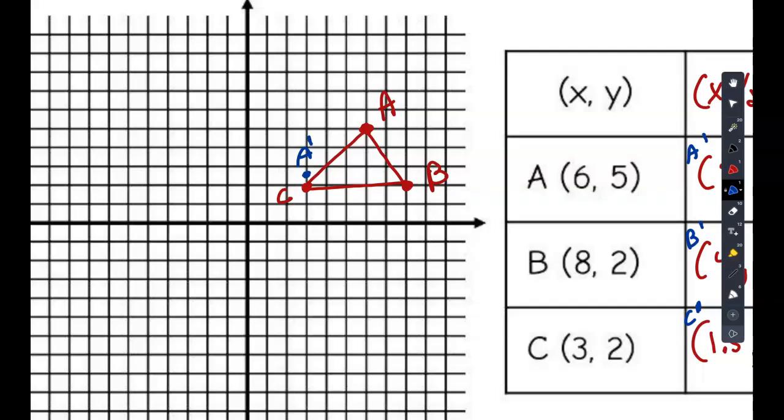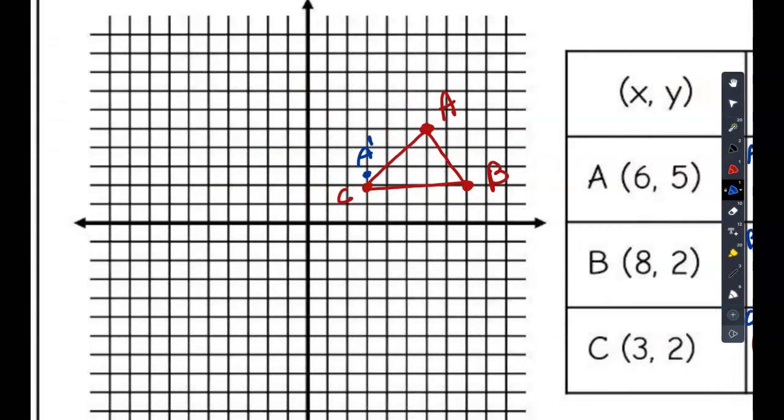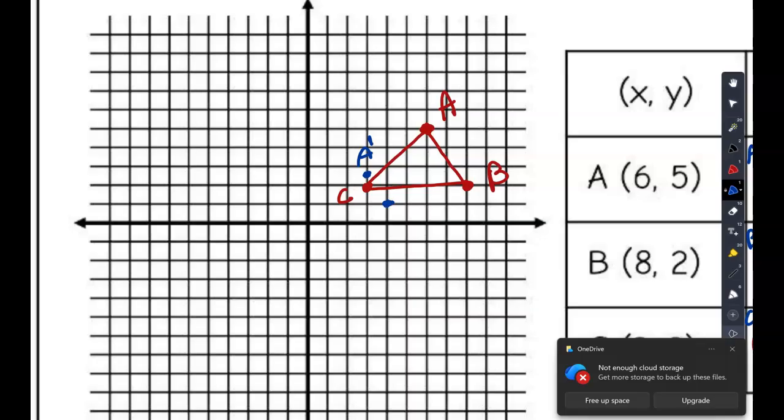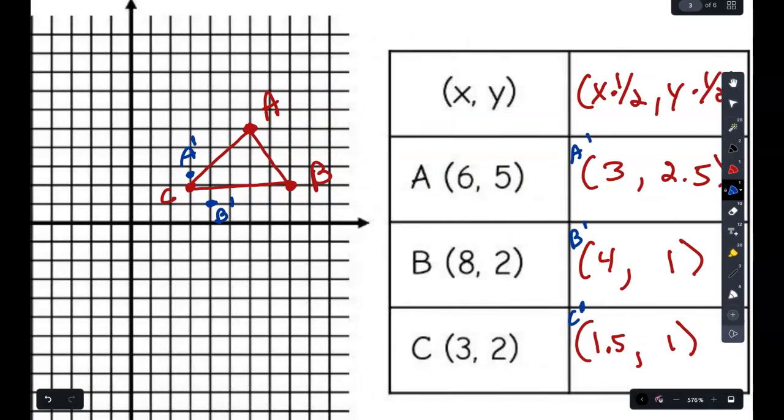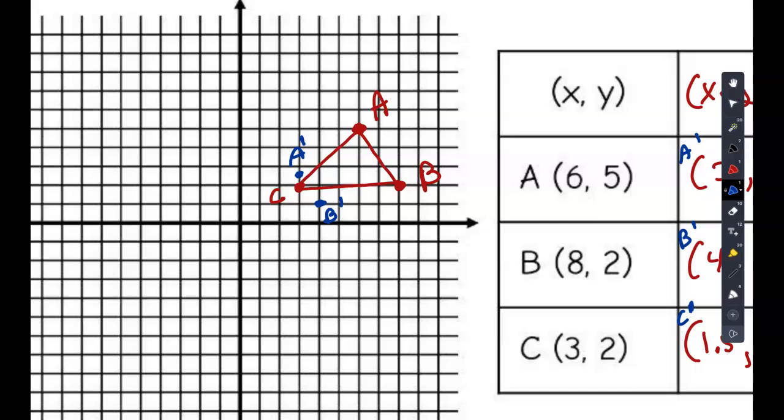And then B prime is 4 and 1. And then last 1.5 and 1. About right here. And that's C prime. And then we'll connect the dots and go through that C right quick. And that's our new shape, aka the image.